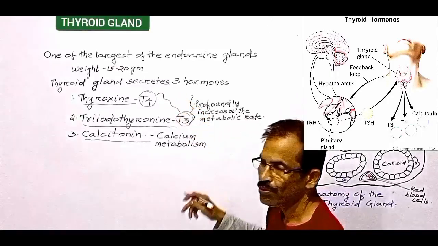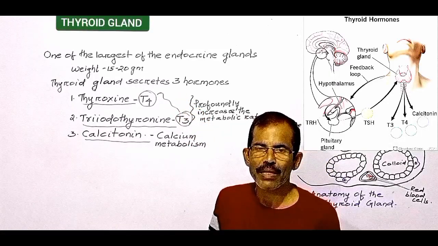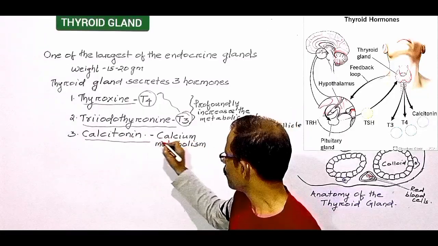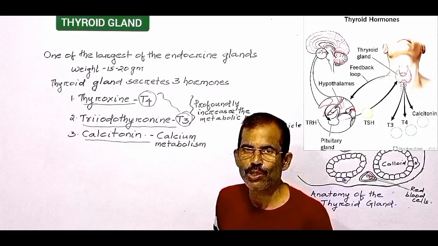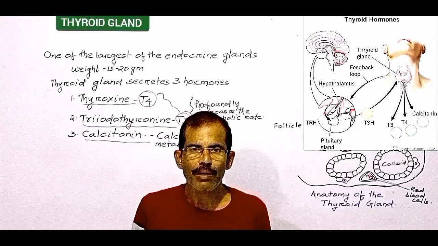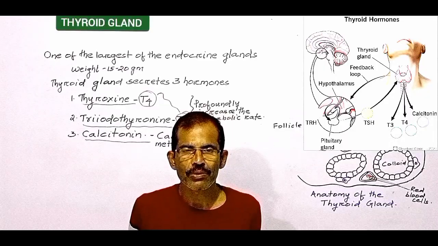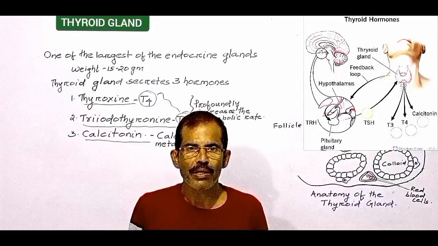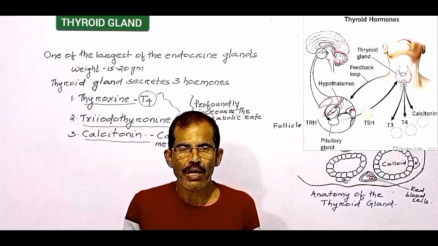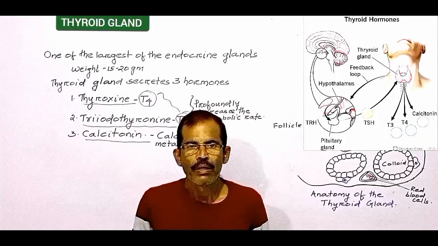Both these hormones profoundly increase the metabolic rate. Calcitonin is involved in calcium metabolism. About 93% of the metabolically active hormones secreted by the thyroid gland is thyroxine. The remaining 7% is triiodothyronine.